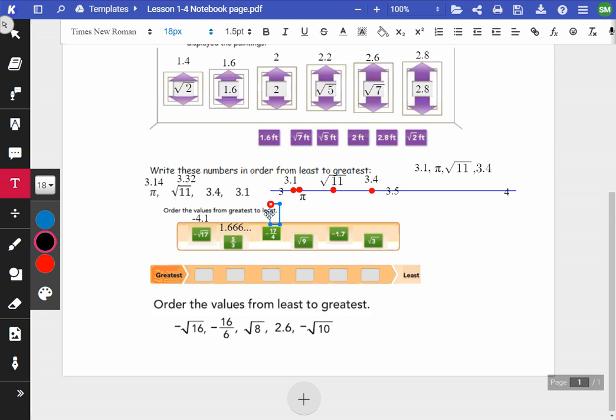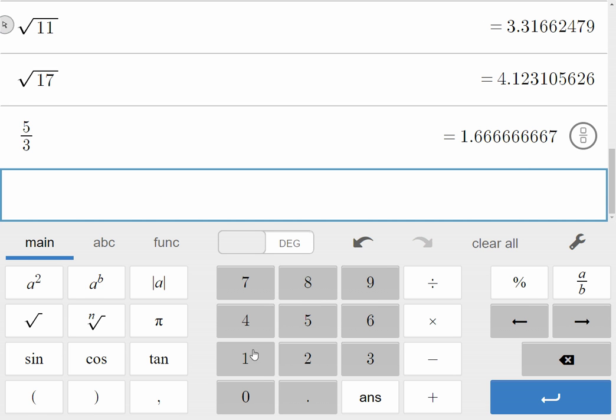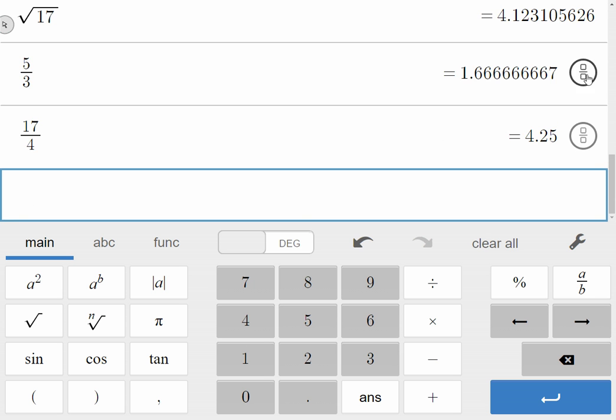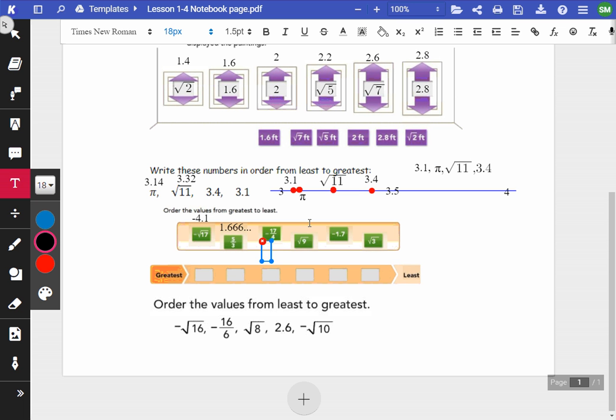Okay, negative 17 over 4. I'm going to type that down here. 17 divided by 4 gives me 4.25. So I'm going to type that there. Square root of 9, I already know that without the calculator. If you don't, you can put it in the calculator, but it's 3.